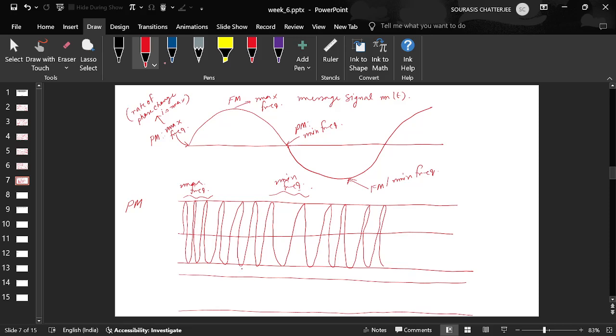For the frequency modulated signal, this point is where we are supposed to see maximum frequency. How do we represent that? By using more cycles, or closely spaced cycles, in a given amount of time. Similarly, this part corresponds to the minimum frequency, so here the cycles should be way apart.